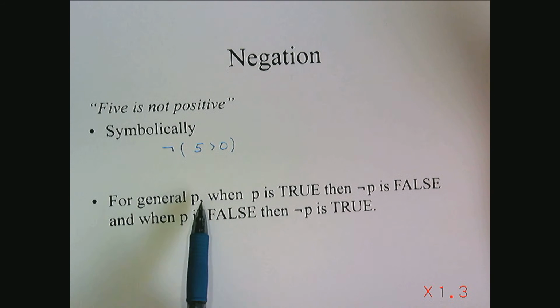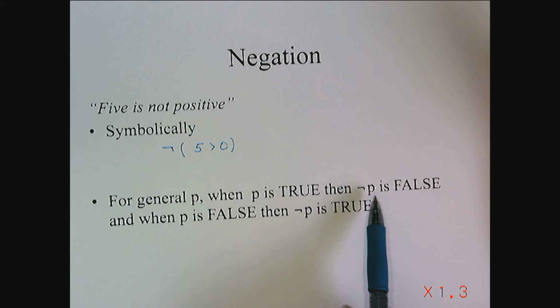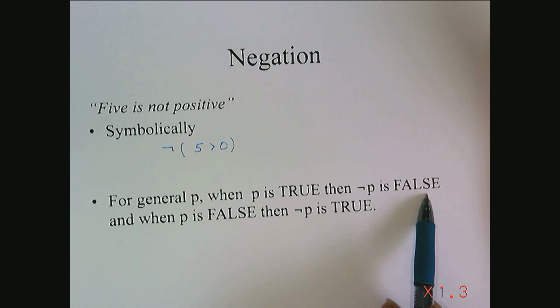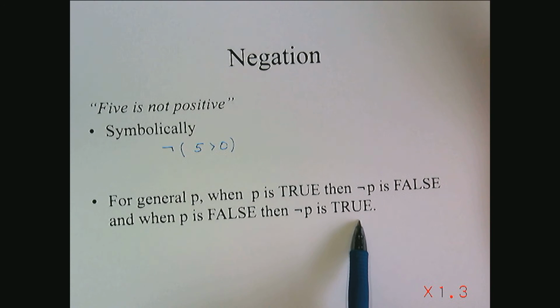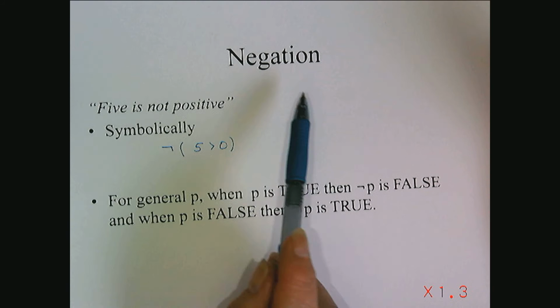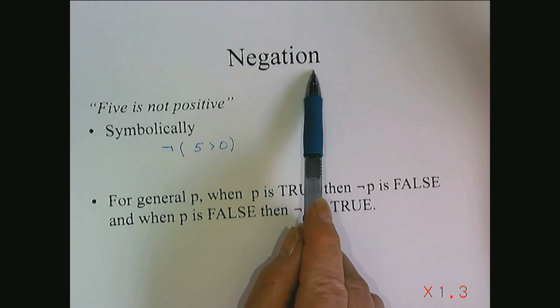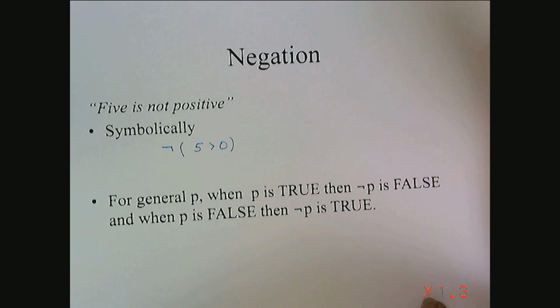For general propositions, when we apply not to it, if the proposition is originally true, not that proposition is false. When it's false, not that proposition is true. So this is one of our simplest Boolean operators. The input is one proposition and the output is a proposition.